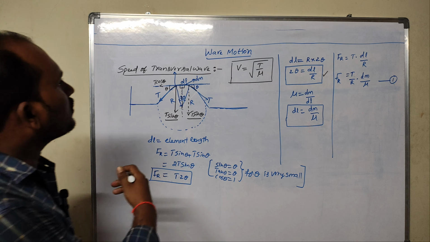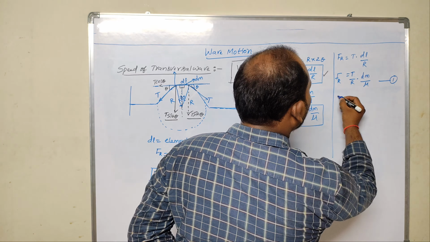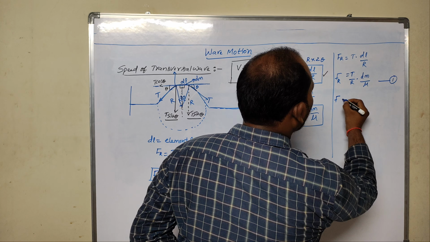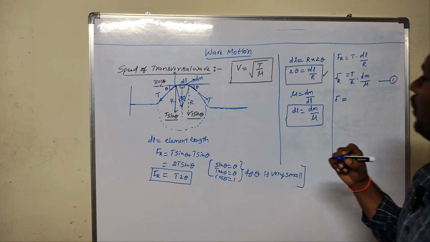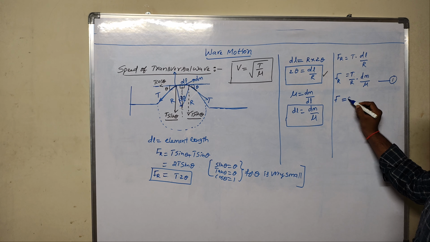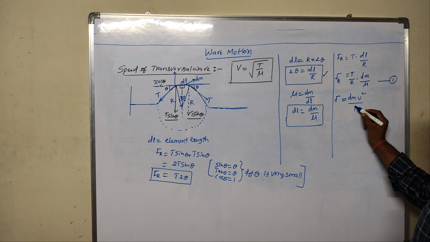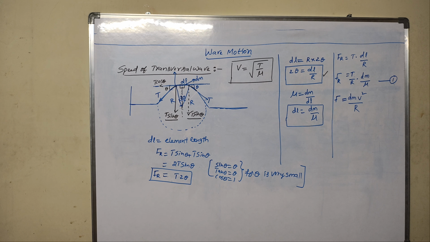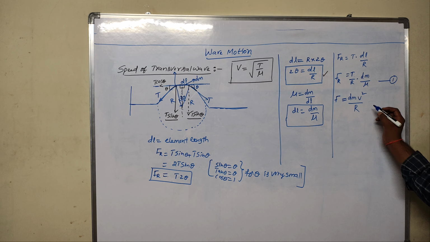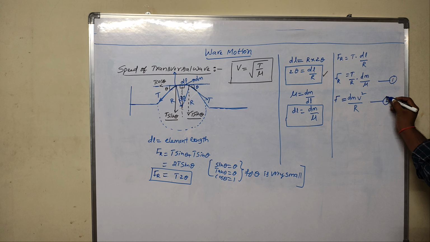So I want to find out that force, called F, assume. That is dm v square by r. Equal and opposite directions are applied in circular motion. Let us say this is equation 2.